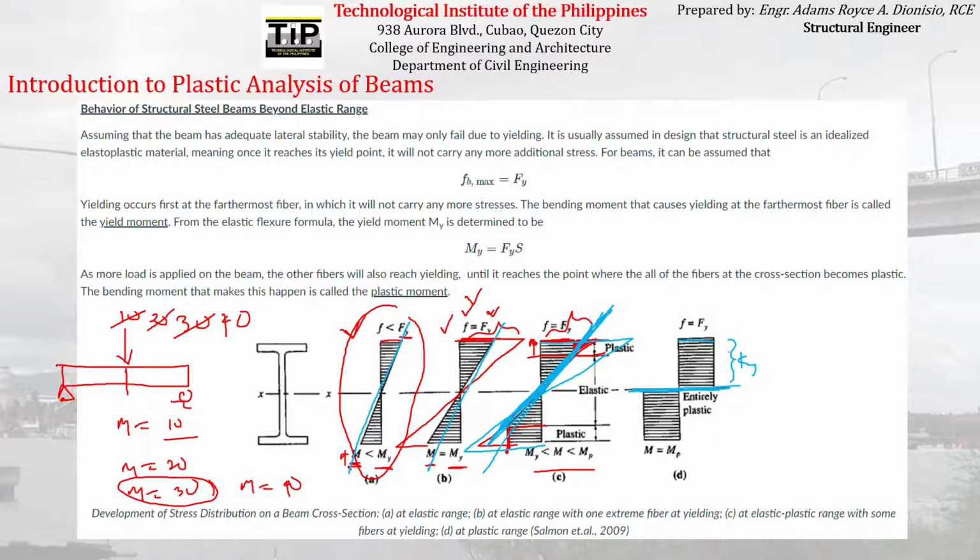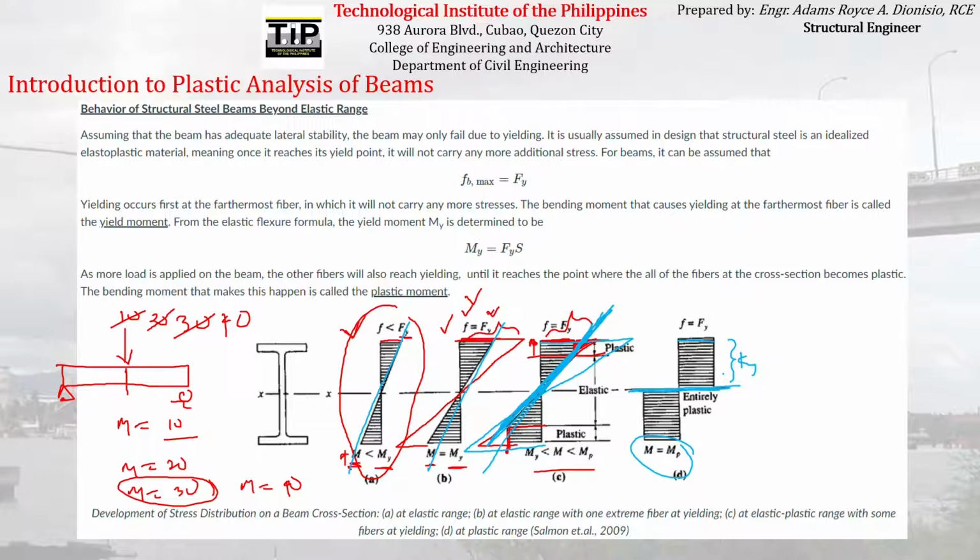Okay, so that's the time that we can say na naramdaman na nung section natin yung tinatawag na plastic moment. So, ano yung plastic moment na yun? That is simply the bending moment that cause the section of the steel to experience stress equal to Fy for the whole depth of the cross section.